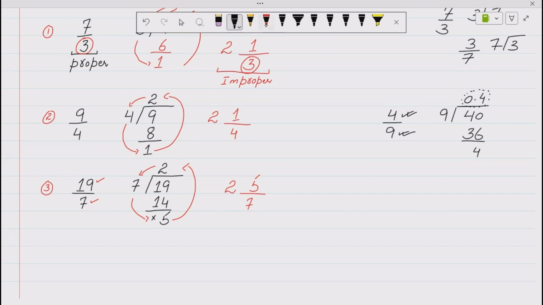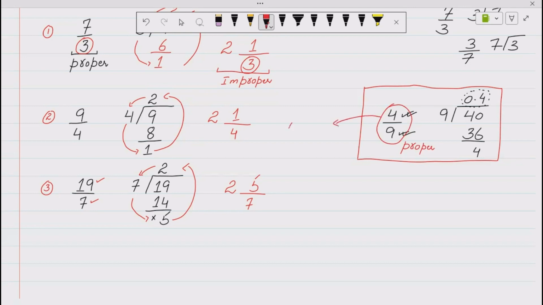So always remember this: whenever you get a proper fraction like this, in which the numerator is small and the denominator is big, in that case we cannot convert it.